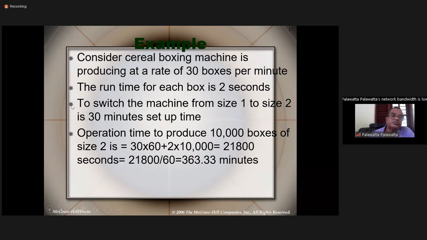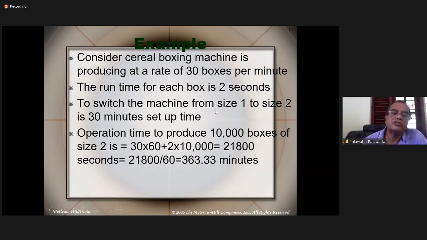To switch the machine from size 1 to size 2 is 30 minutes setup time. So the operation time to produce 10,000 boxes of size 2: 30 minutes times 60 gives 1,800 seconds, plus, because this is the setup time, plus 2 times 10,000.